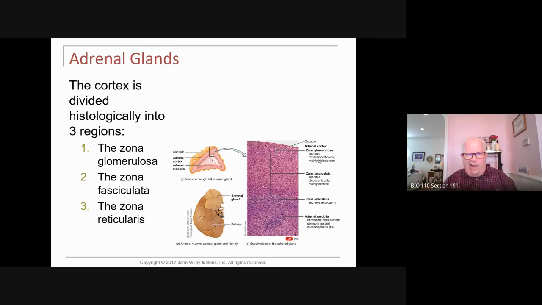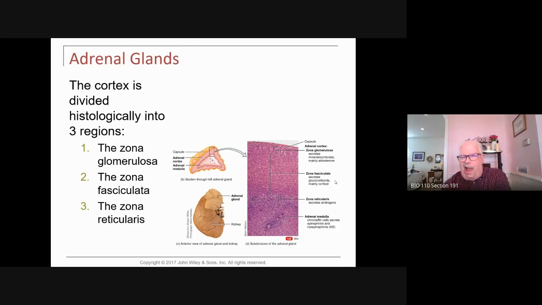The middle layer is the zona fasciculata. The zona fasciculata has in it glucocorticoids. And when we talk about glucocorticoids, the number one glucocorticoid is cortisol. Okay? We also have the inner layer, and the inner layer is the zona reticularis.